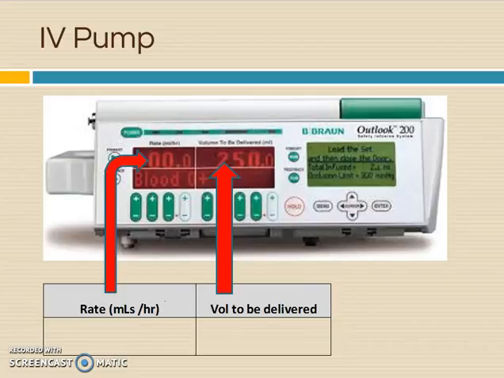The rate is always in mils per hour, and the volume to be delivered is always in mils. Now, the pump doesn't know what you're putting through it. The pump doesn't know what medication you're putting through it. It doesn't know anything but mils per hour and volume to be delivered.